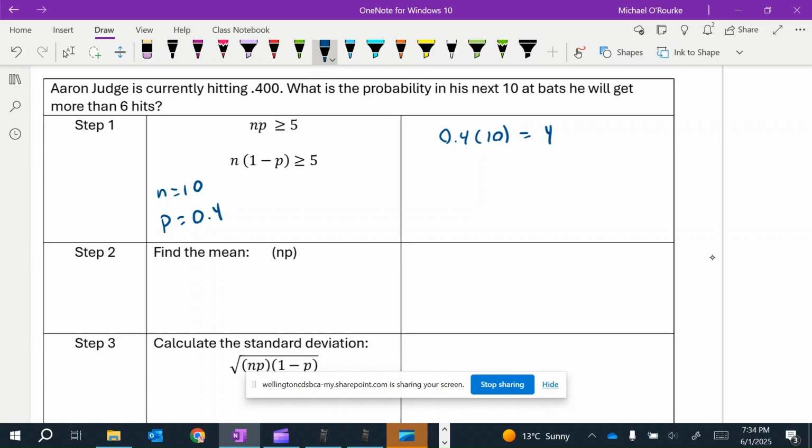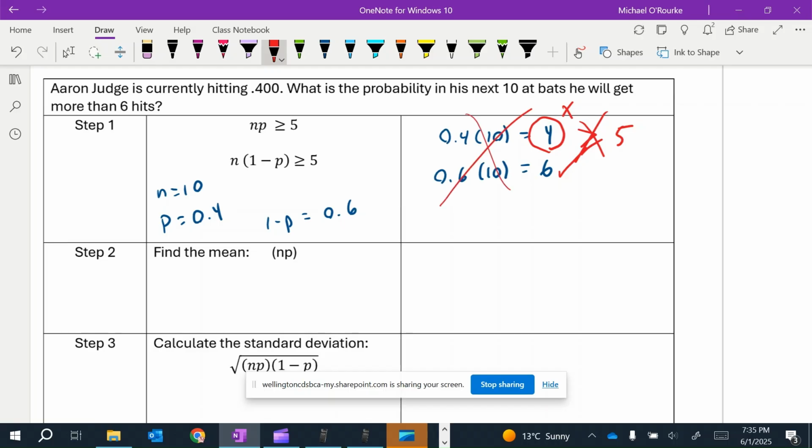And our 1 minus p is 0.6, and 0.6 times 10 equals 6. But we have an issue here. That is not greater than or equal to 5. So our sample size is not big enough, and we can't go forward. Even though this one checks out, the other is not big enough, so we can't go any further, and we're done with the question.